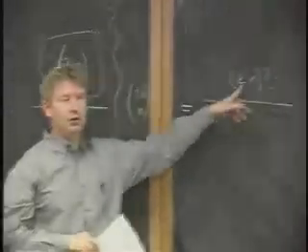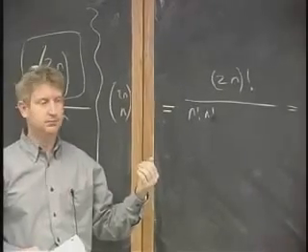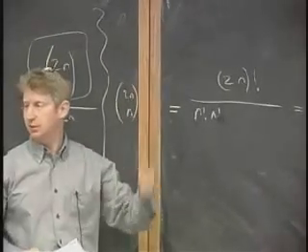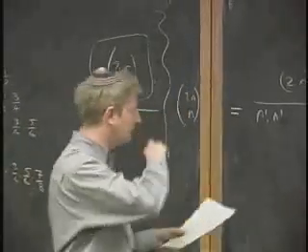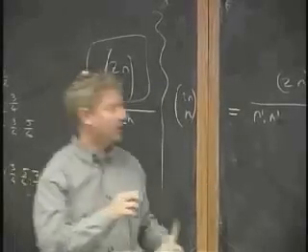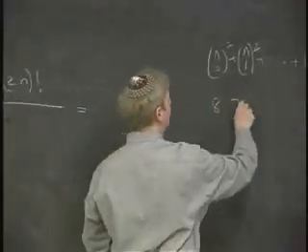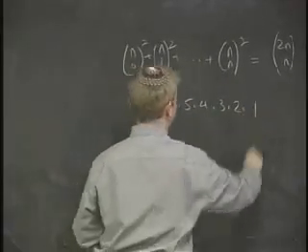What does 2n factorial look like? Let's take an example. Say n is 4. All right, it's 8 times 7 times 6 times 5 times 4. All right, so let's go ahead and pull out a factor of 2 from something like that. Let's look at an example. 8 times 7 times 6 times 5 times 4 times 3 times 2 times 1.